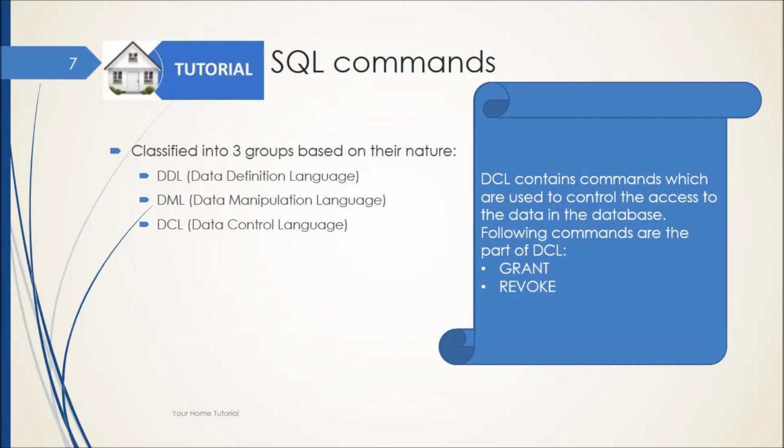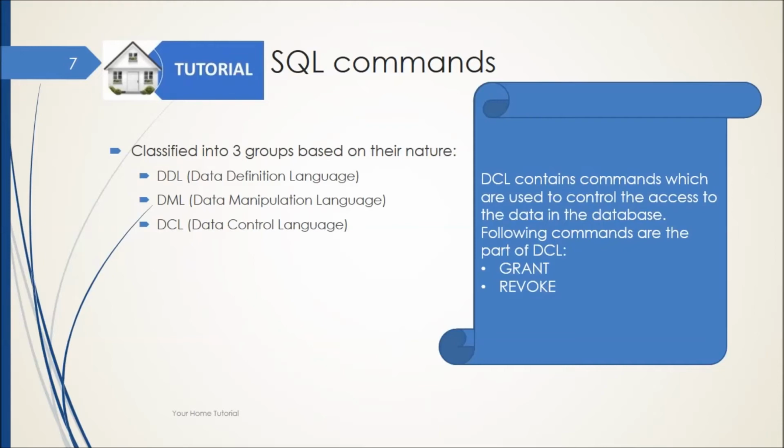Using two commands, grant and revoke, we can do that. We can grant the rights to someone, saying you can perform some actions on the database, you can see that data, or you are not allowed to see the data. We can revoke the rights using the revoke command. So data control language is more used for security purposes. It is to secure the data from unauthorized access.